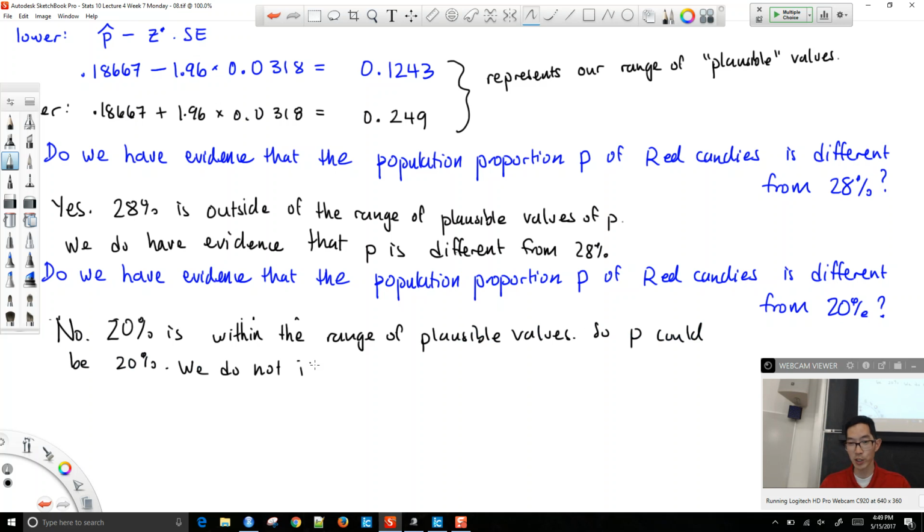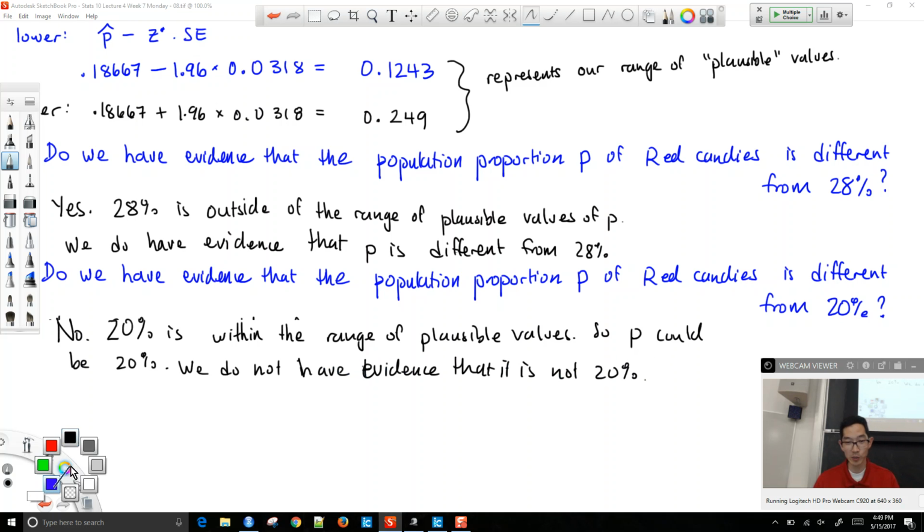I know that's a bunch of double negatives, but we do not have evidence that it is not 20%. Okay, and then the last question that's similar but different from all of this is, do we have evidence that it is 20%?